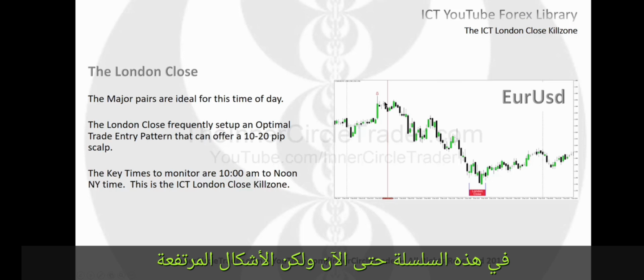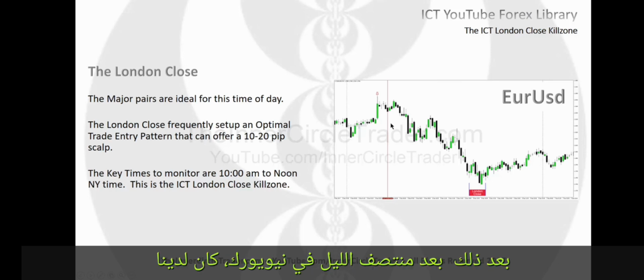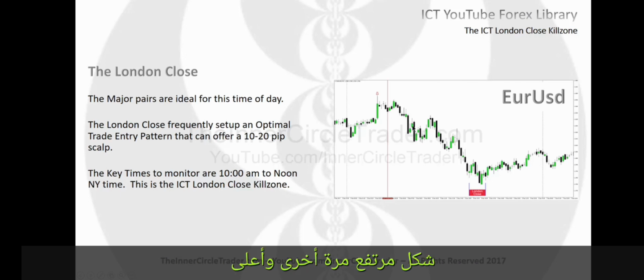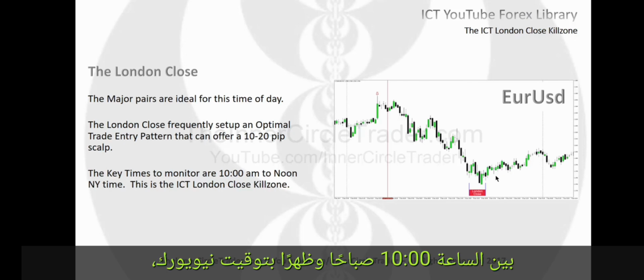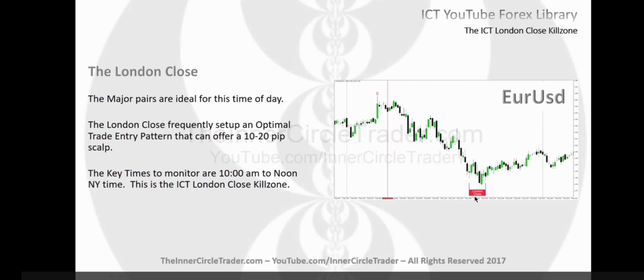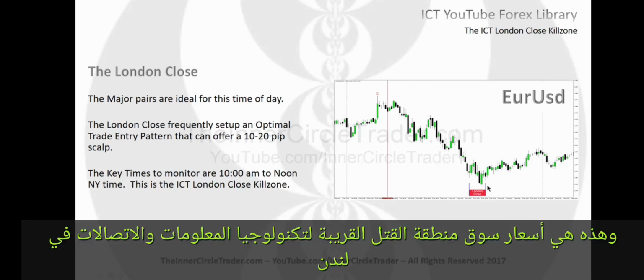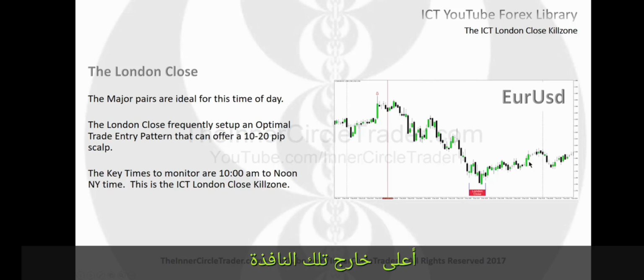But the high forms in Asia, then after New York midnight time, we had a high form again in London high, New York session high, and then the low of the day forms exactly at the parameters between 10 a.m. and noon New York time. This is the ICT London Close Kill Zone. Market trades higher off that window of time and then goes into the close.